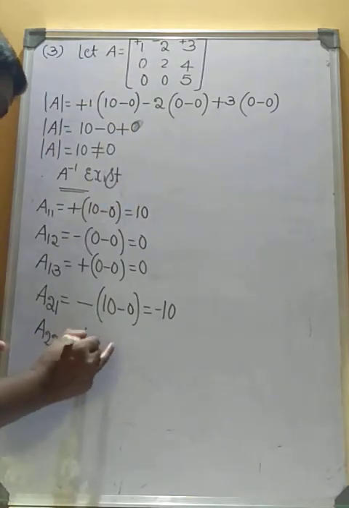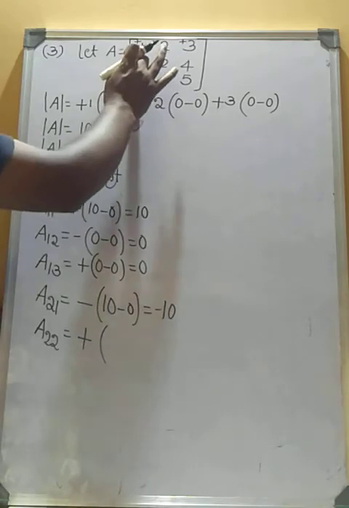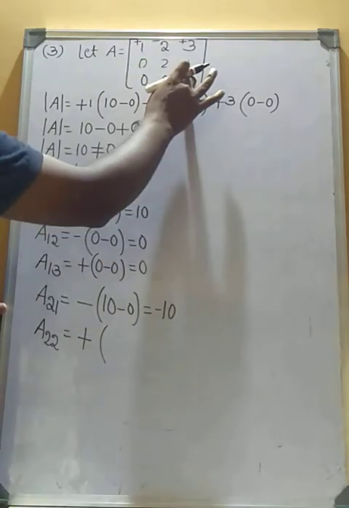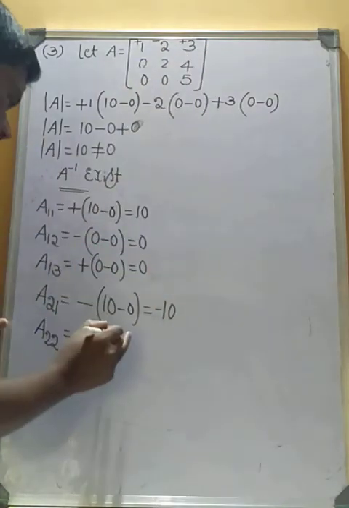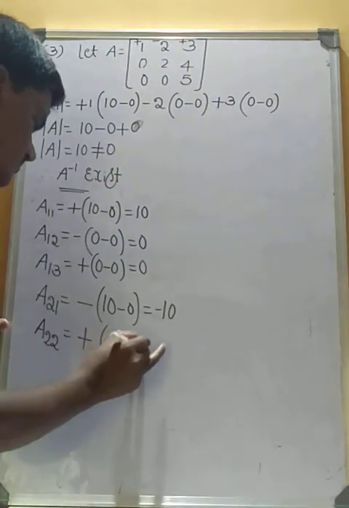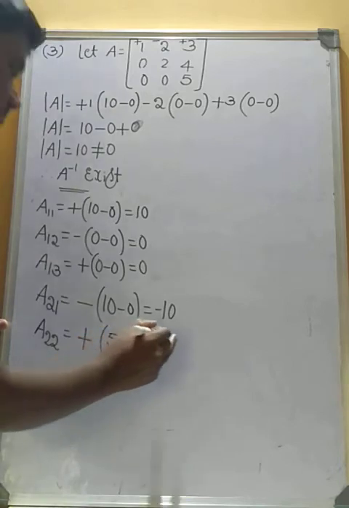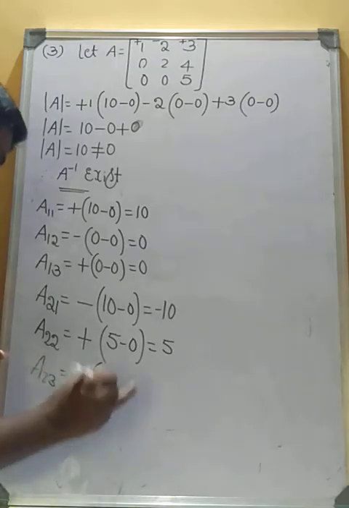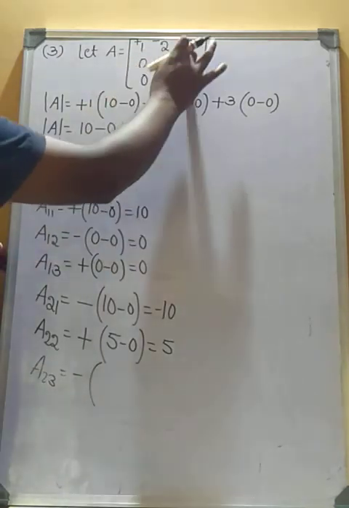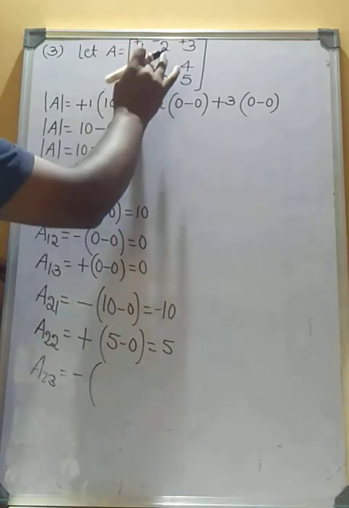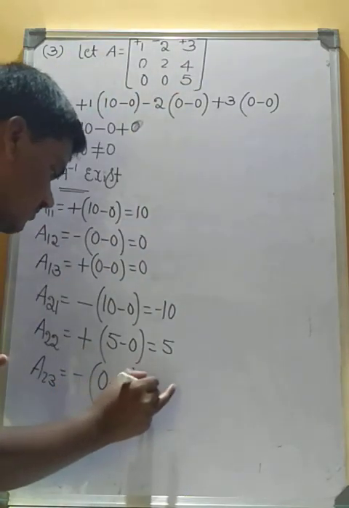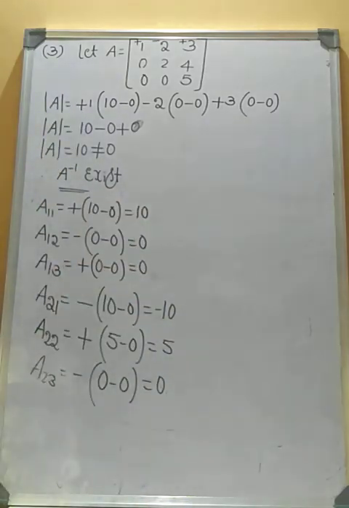Take sign plus. Second row, second column, remove that: 1 3, 0 5. 1 5s are 5 minus 0 3s are 0, which is equal to plus 5. The next, find A23. Take sign minus. Second row, third column: 1 2, 0 0. 1 0 is 0 minus 0 2 is 0, which is equal to 0.